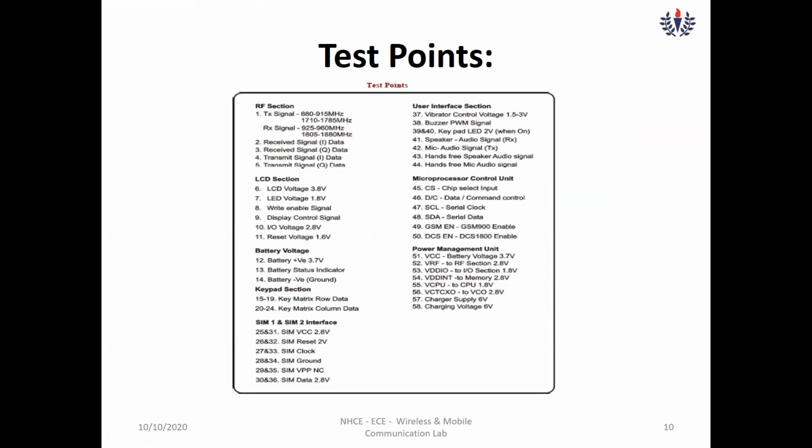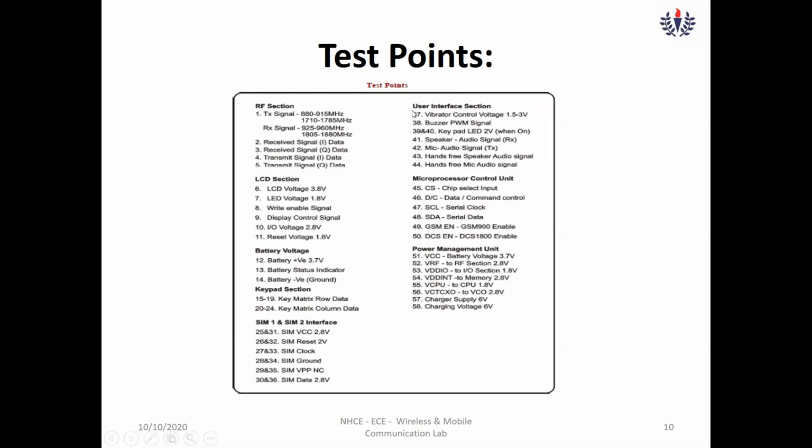You can see what test units are used for a particular experiment. For example, in our ninth experiment, we examine only the transceiver operation of your mobile phone, so we will be making use of your RF section only. And in your 10th experiment, we will be looking at your user interface unit.